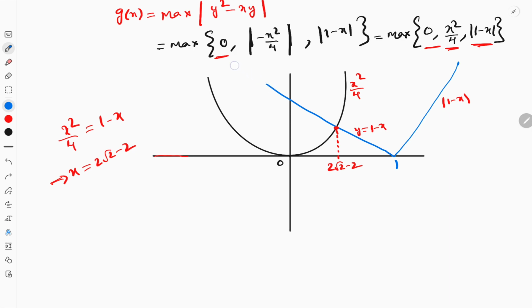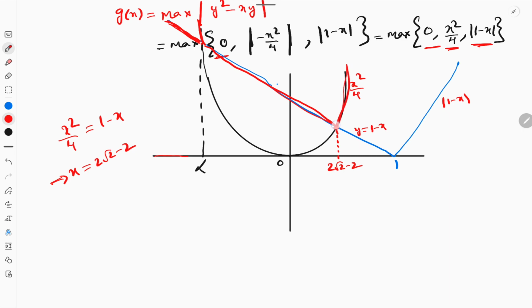If we extend this line, and extend this curve also, observe this point, suppose let it be alpha. For x less than alpha, the curve is dominating the line, and between alpha and 2 root 2 minus 2, the line is dominating the curve.